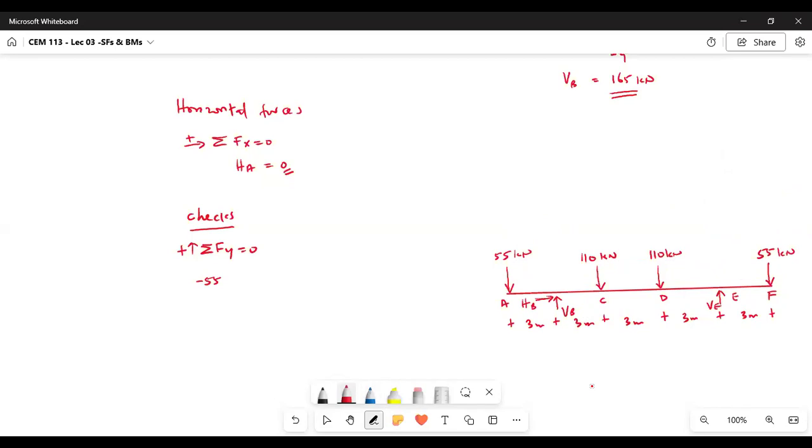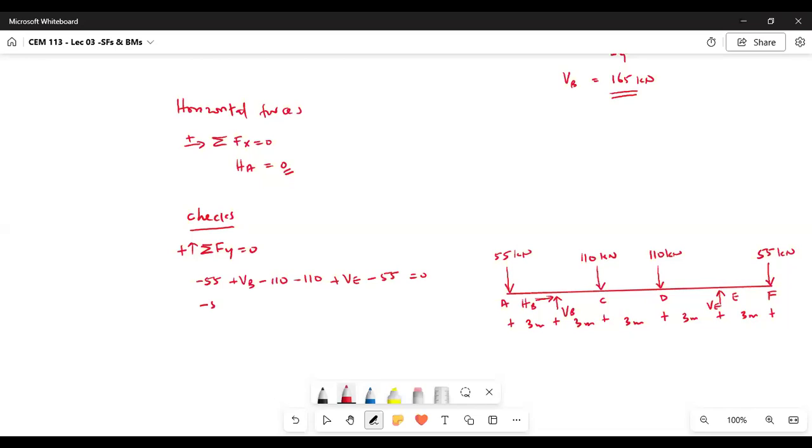I'm starting from the left. Plus VB. Minus 110. Minus 110 plus VE minus 55. This should give us 0.